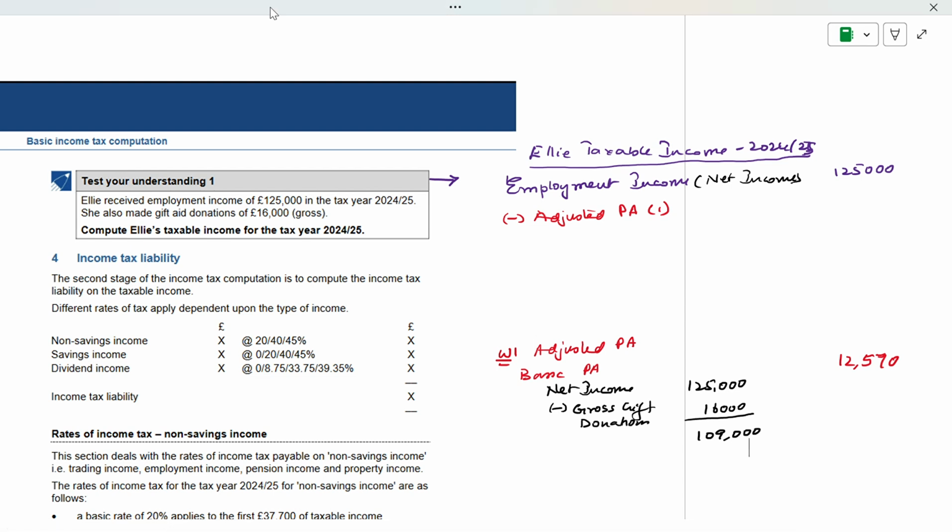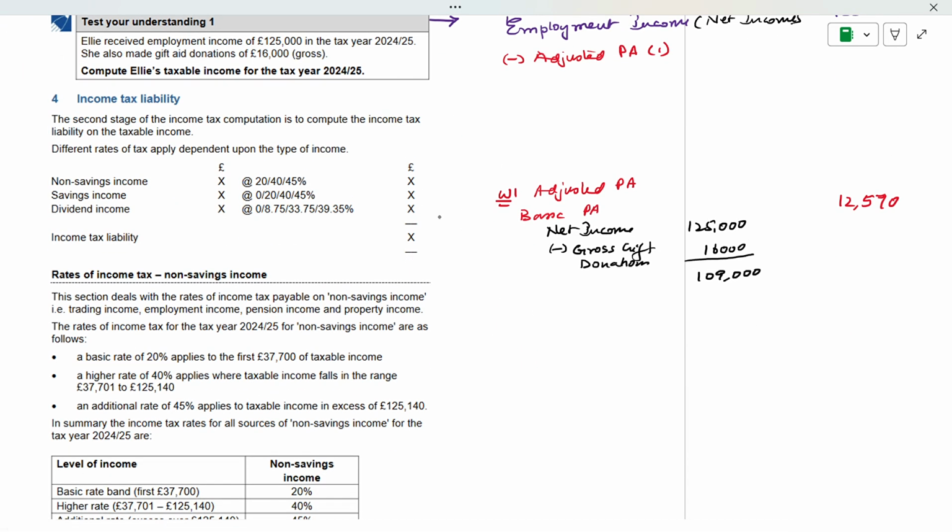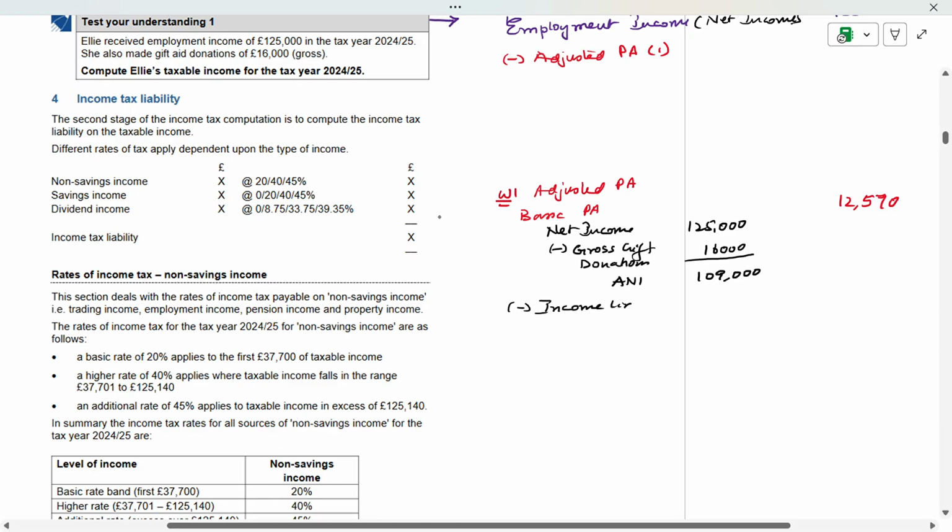This is going to be called ANI, adjusted net income. From adjusted net income, we have to deduct the income limit. We have an income limit of 100,000.